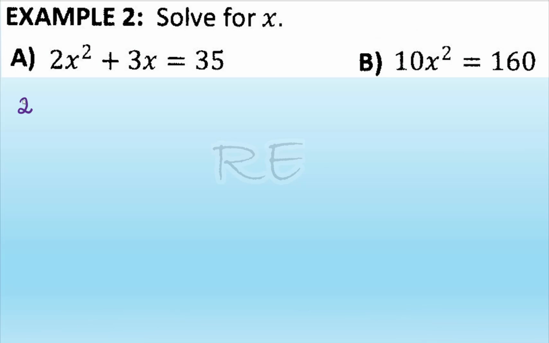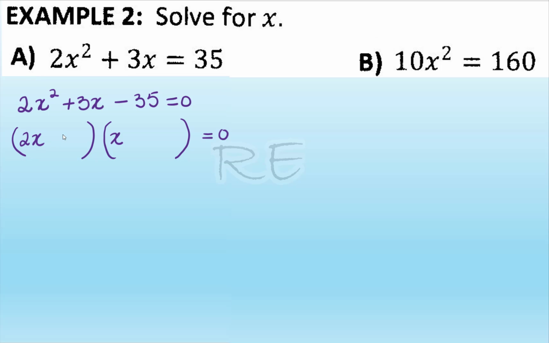We're going to write this equation in standard form first. When we subtract 35 from both sides, we get 2x squared plus 3x minus 35 is equal to 0. 2x squared can only be 2x times x. 2 is a prime number. 35 is 5 times 7.